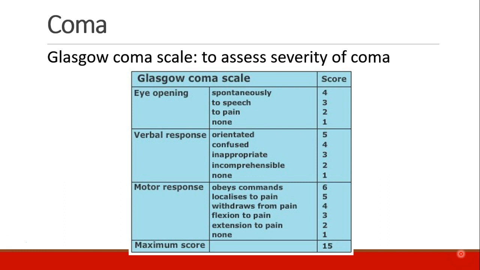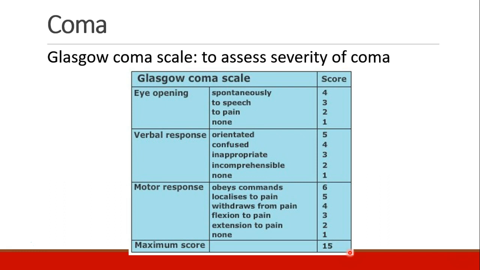We have a Glasgow Coma Scale, which is used to assess the severity of coma. It has 3 categories: eyes, verbal, and motor response. The eyes have a score of 1 to 4, verbal 1 to 5, and motor 1 to 6. So the maximum score is 15 and the minimum score is 3. Sometimes people will just say a patient has a GCS of 13.